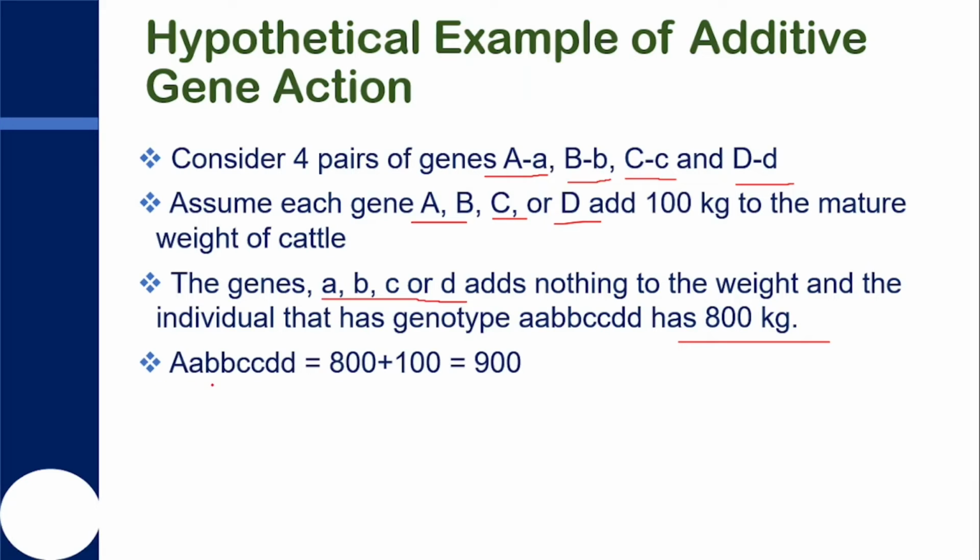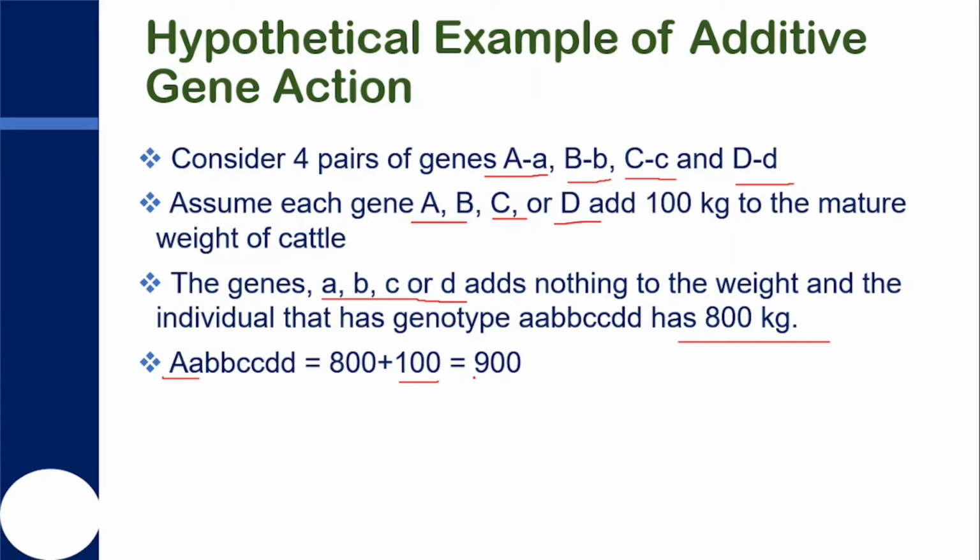In this genotype we have one capital A gene and all of the others are small. So what would be the phenotype of this genotype? The phenotype would be 800 plus 100. Where did this 100 come from? It came from the addition of this capital A, because all the capital genes add 100 to the phenotype.